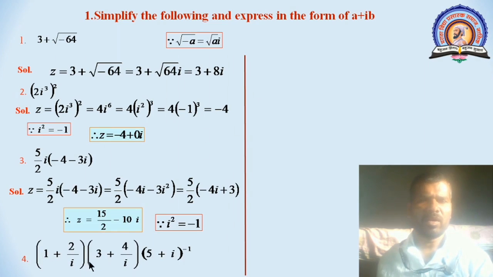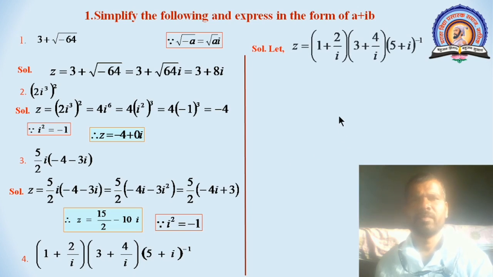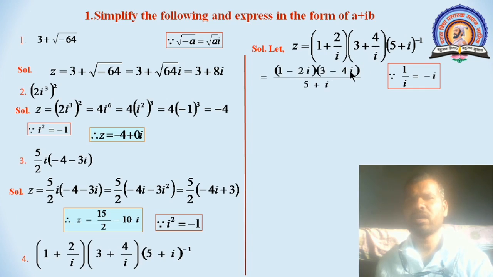(1 plus 2 upon i) into (3 plus 4 upon i) into (5 plus i) raised to minus 1. So z is equal to this. As usual, we know that 1 upon i is equal to minus i. Therefore, 1 plus 2 upon i becomes 1 minus 2i, and 3 plus 4 upon i becomes 3 minus 4i. (5 plus i) raised to minus 1 becomes 1 upon (5 plus i); it goes to the denominator because its power is negative.